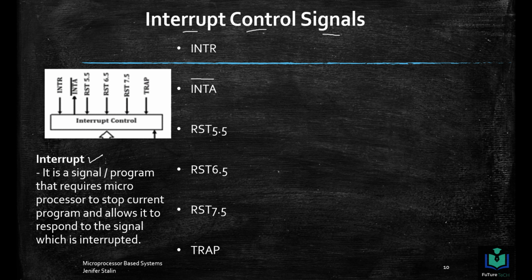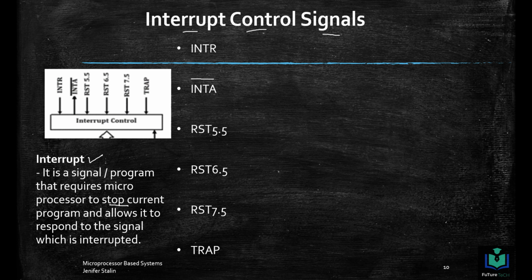What happens is, as soon as an interrupt request is given, the microprocessor stops executing the current program and allows the interrupt to respond to the signal. It stops executing the current program and looks for the signal which is interrupting.